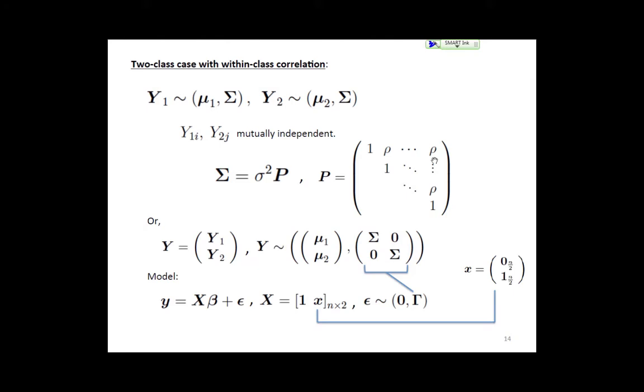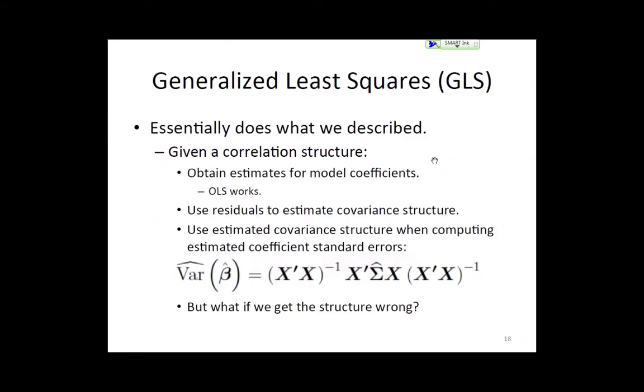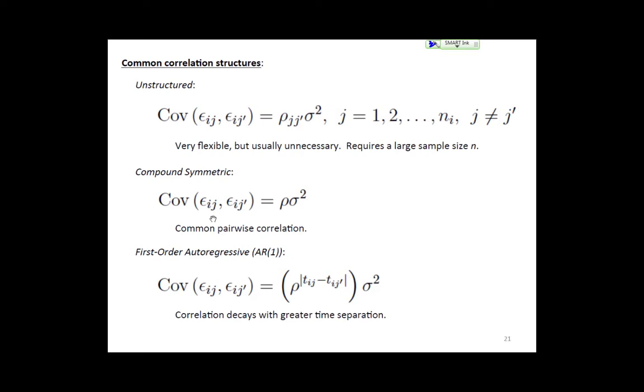So everybody is correlated in the same way with correlation equal to rho. That's called compound symmetric. So compound symmetry looks like the covariance between any pair of observations on the same individual is equal to rho times sigma squared.